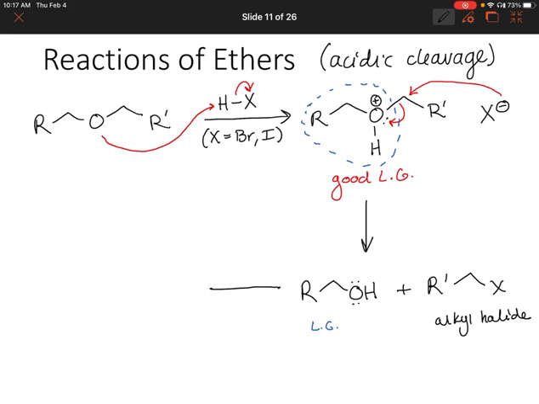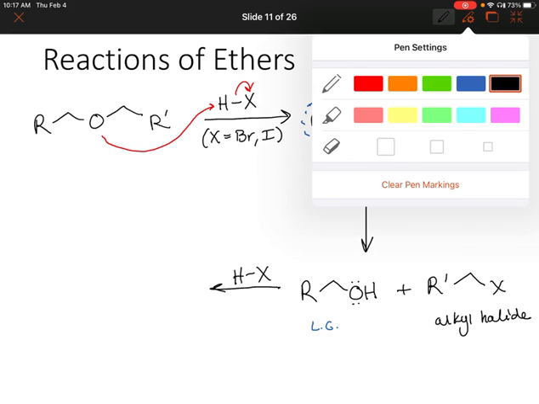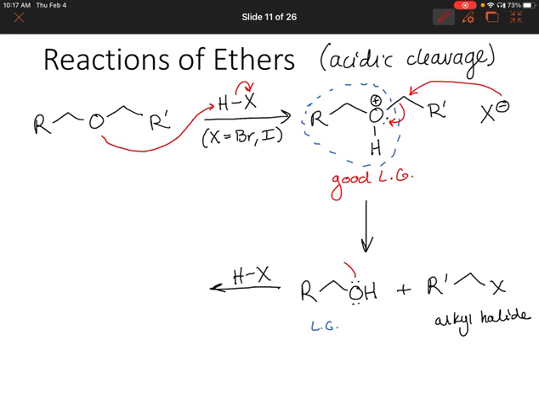So we're going to add more of our acid, and the alcohol is going to grab onto a hydrogen, leaving electrons behind on the halogen.